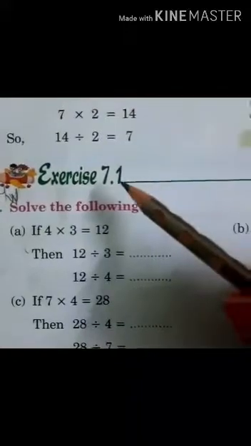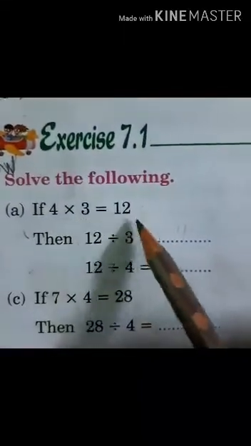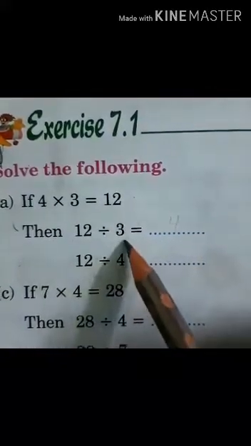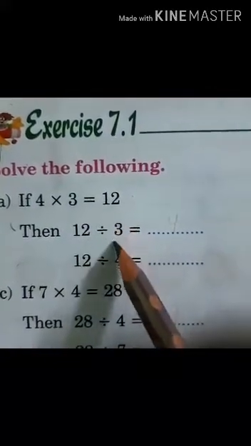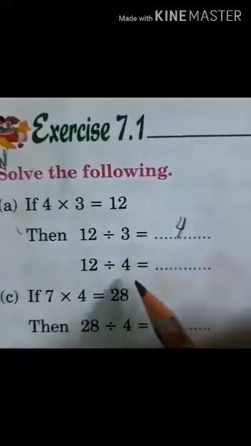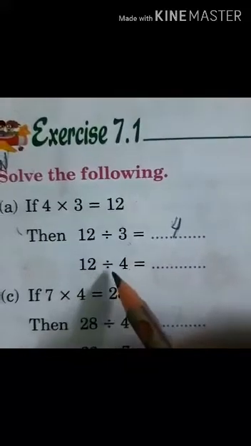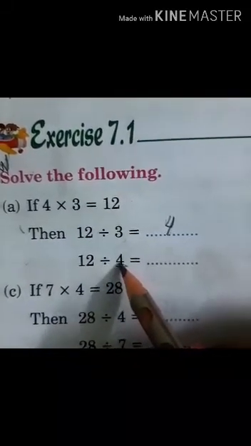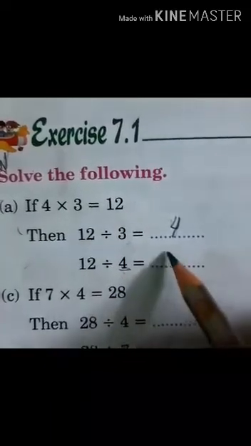In the same way, in this exercise 7.1, if 4 threes are 12, then 12 divided by 3: in the table of 3, at which time will 12 come? 4 times. Then 12 divided by 4: in the table of 4, at which time will 12 come? 3 times.